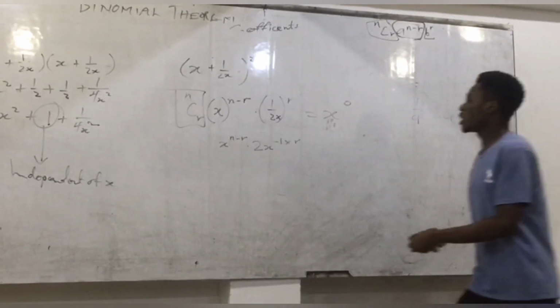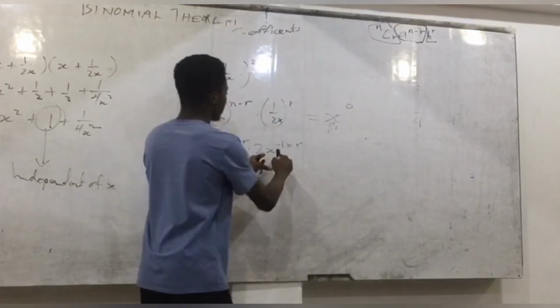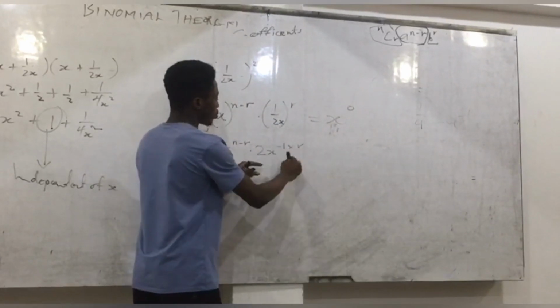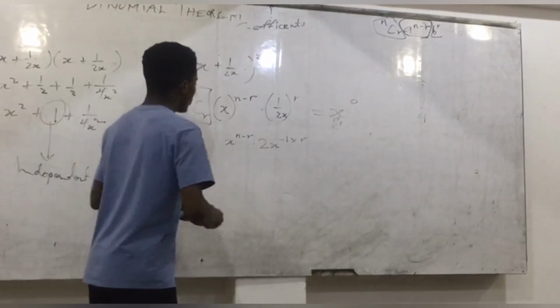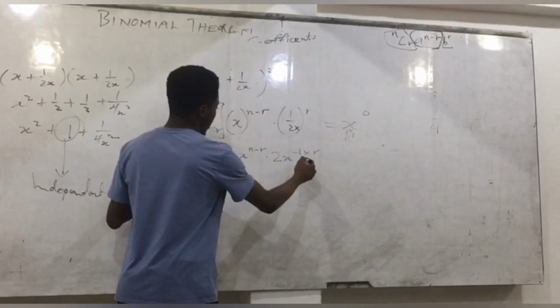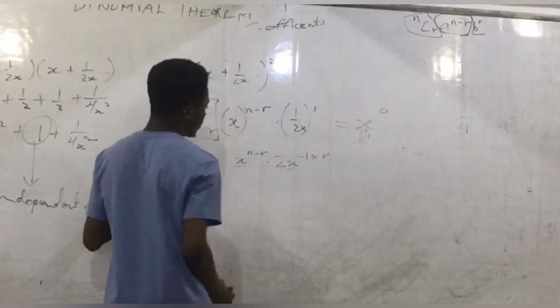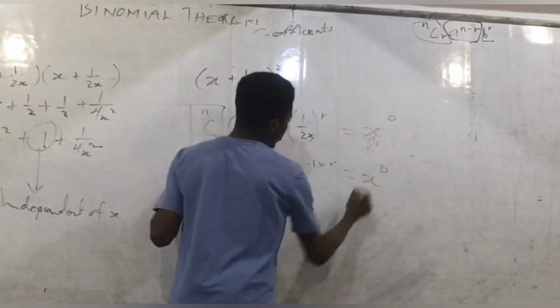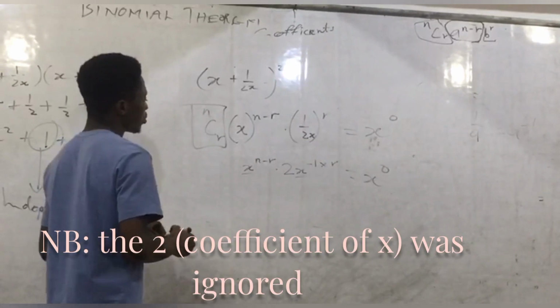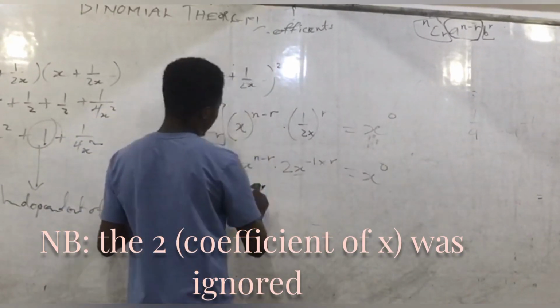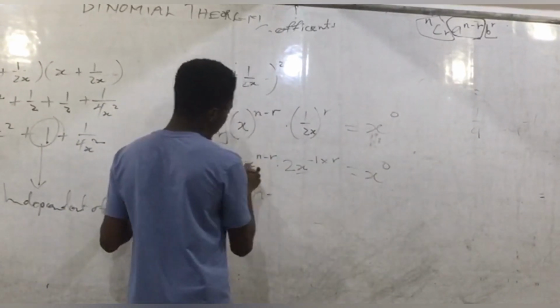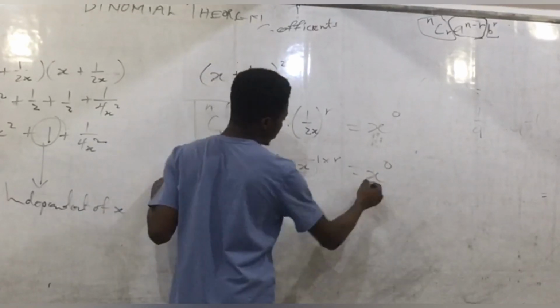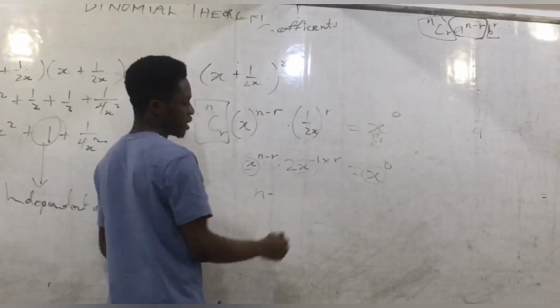So since we have this, you can write it as 2x to the power minus 1 times r. So since we have this, now we have the same base. So here we can equate them to x to the power 0. Since we have the same base, like x here, 2x and x, we can equate their exponents.